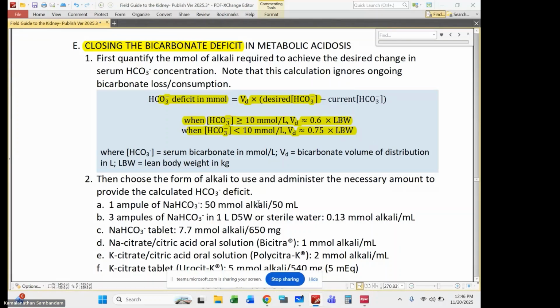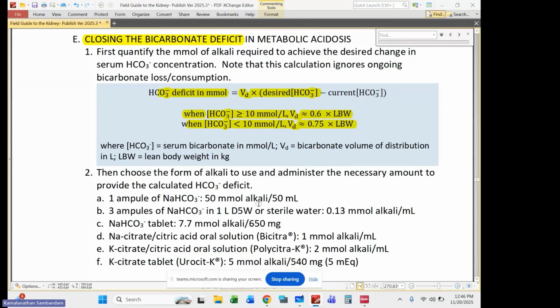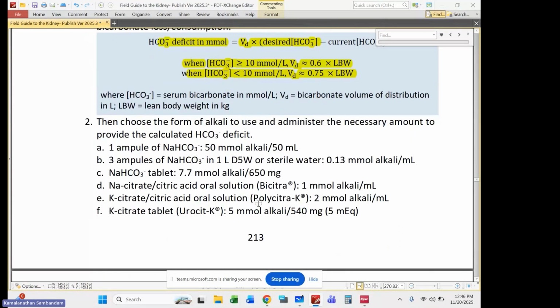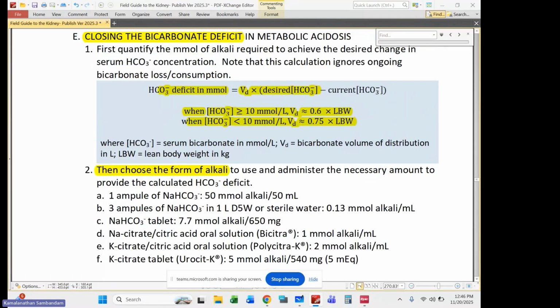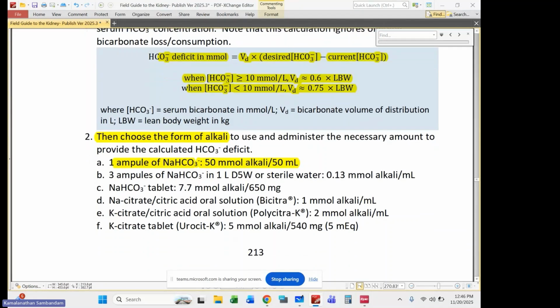Okay. Now here are the terms in that formula. Let's then decide what kind of alkali I want to give. Once I've determined I have a 200 millimole deficit in bicarbonate to go from this bicarbonate to my desired bicarbonate, you simply need to know what is the alkali content of the various prescribable things.